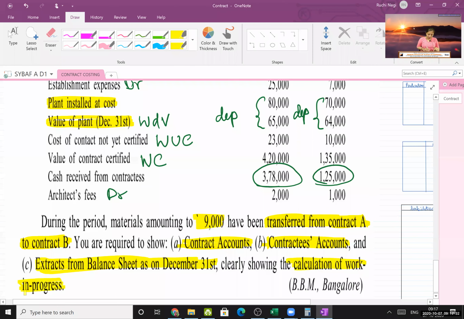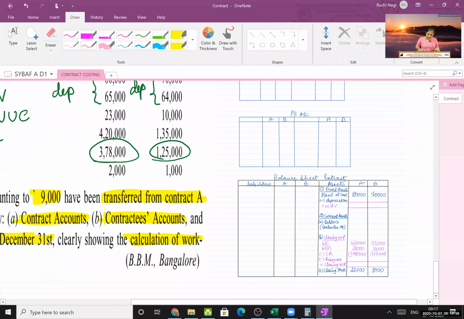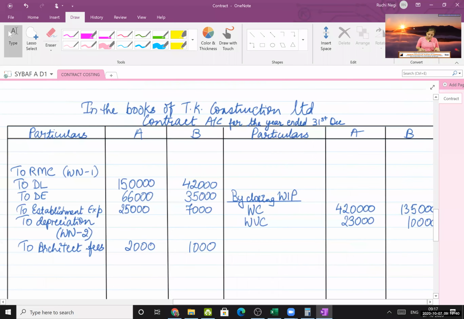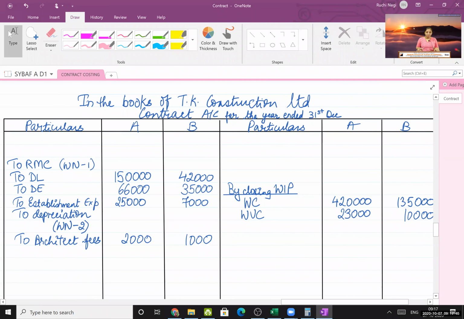That is the breakup of WIP. Right. So start with the sum. In the books of TK Construction Limited, who is he? The construction company. TK Construction, he is a construction company. The contractor.